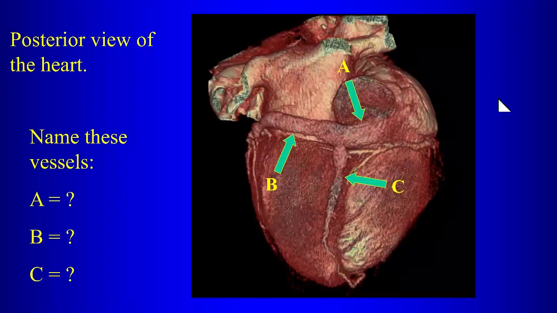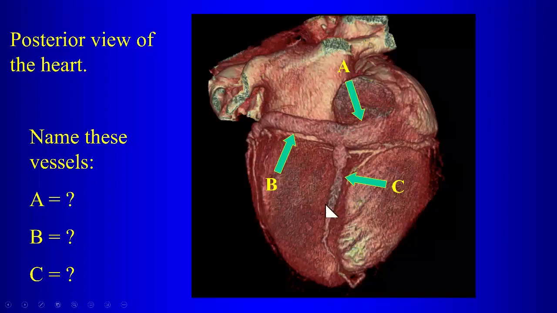So now we're looking at the veins. So the coronary sinus here empties into what chamber? The right atrium. Yeah. And so C is what? Posterior interventricular vein, right?